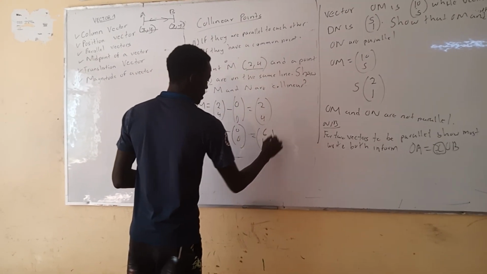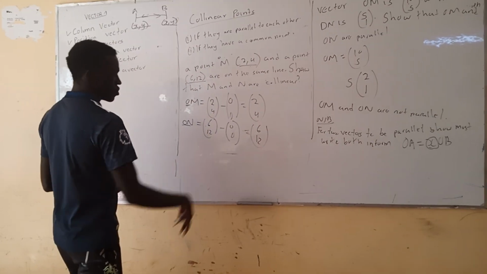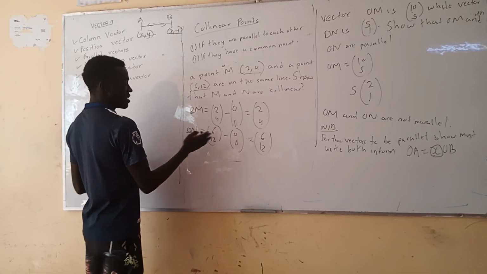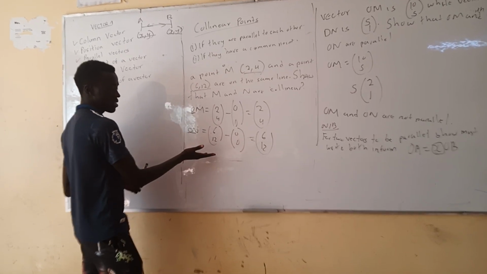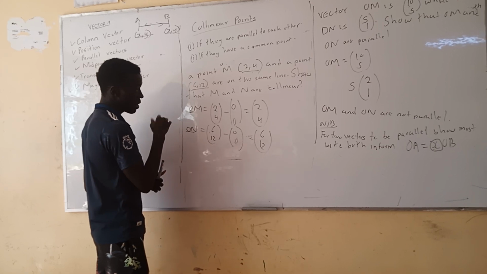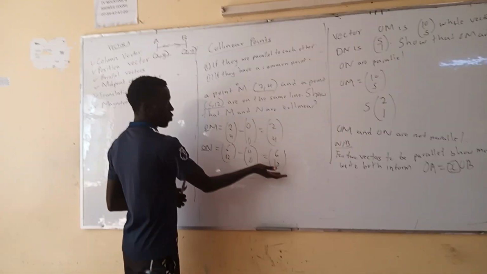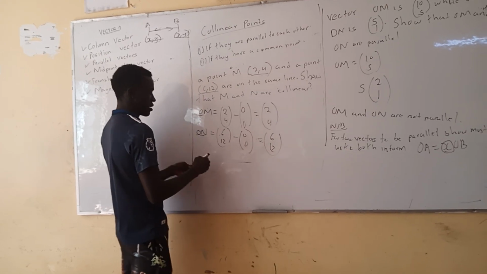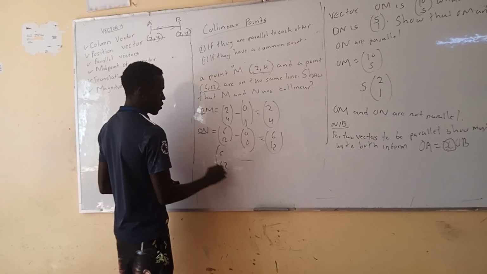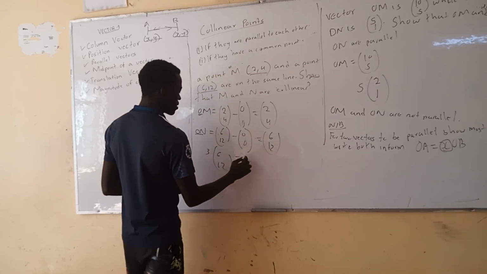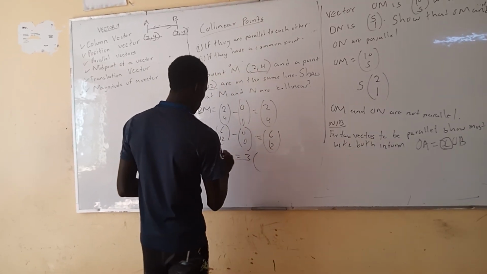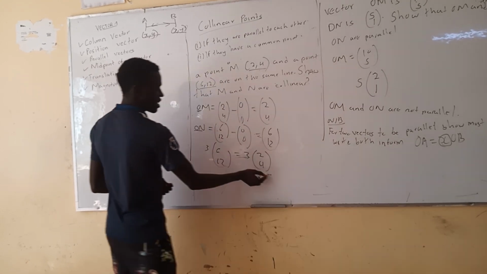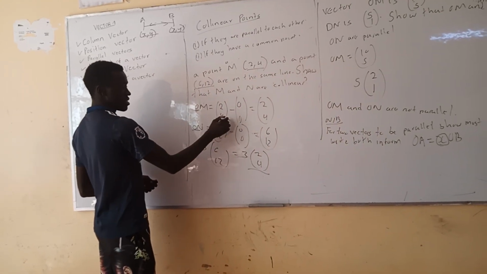Then I'll try to get a common factor in these two. For you to show that two vectors are parallel, you take the one with the bigger figures. So if this one is 6, 12, you look for a common factor. What is common? 3. So 3 will go there, 3 times 2, 4. And then you see that this one here is similar to this one.